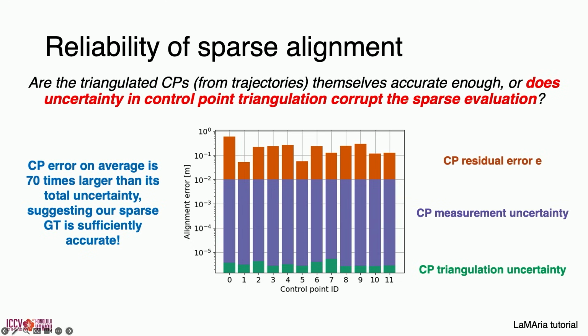So this again supports our sparse evaluation, and like I mentioned earlier, this is our main, unbiased evaluation, which can be used for any SLAM baseline, for example, that estimates a trajectory.